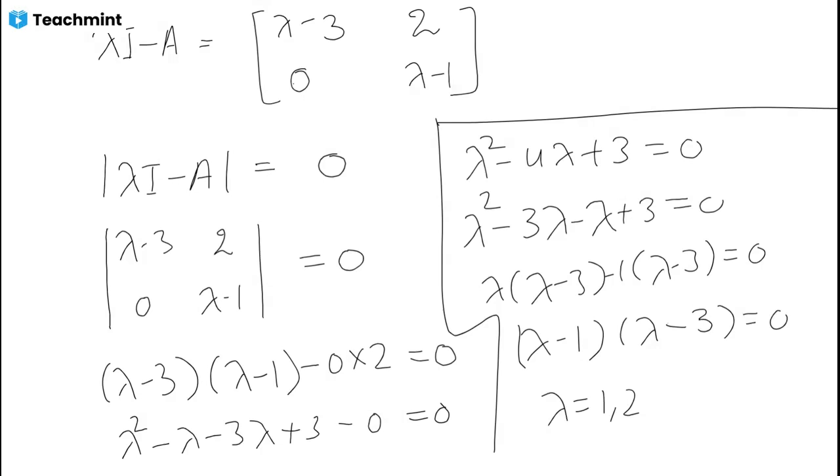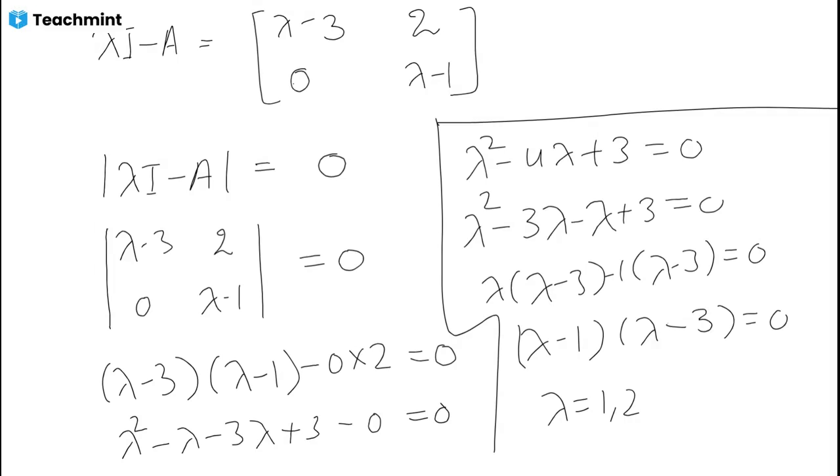Got it? I think there's one point that they've mentioned here: A has two real eigenvalues, each of them with multiplicity 1. What do they mean by multiplicity? Let me check it. So we have the characteristic equation, this one.